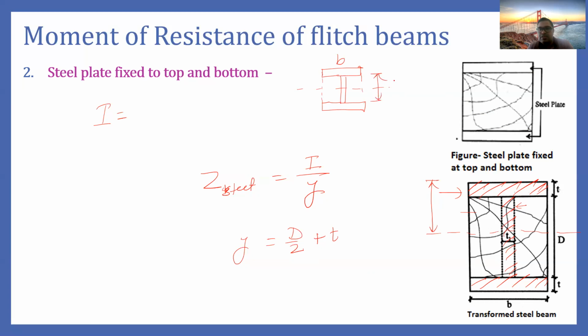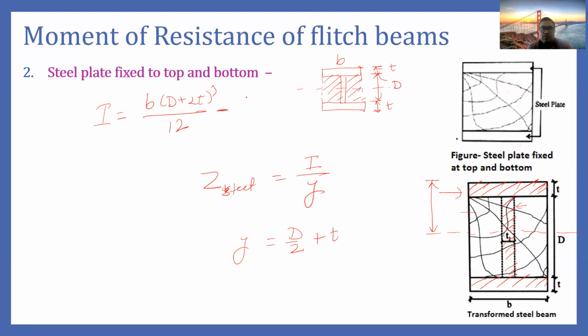Say this is the D and this is the T. This value is T. So moment of inertia of the whole rectangle will be B into D plus 2T cube by 12 minus moment of inertia of this part and moment of inertia of this part. This is how we can find out moment of inertia of the I section.